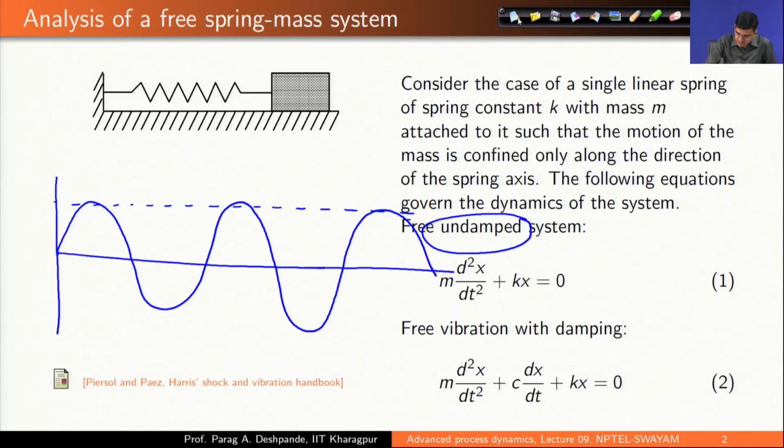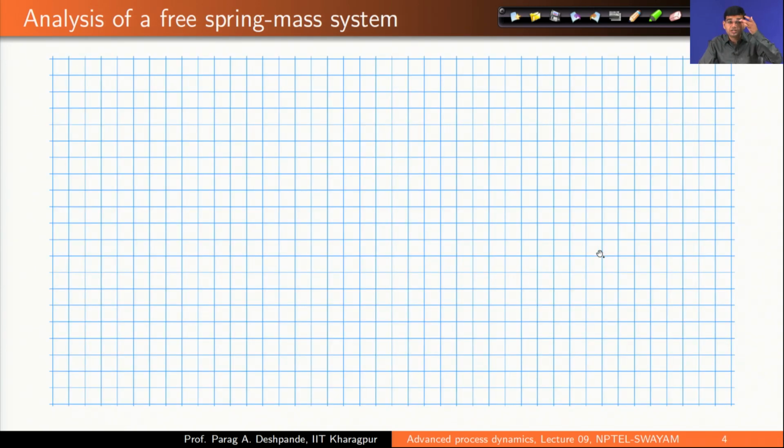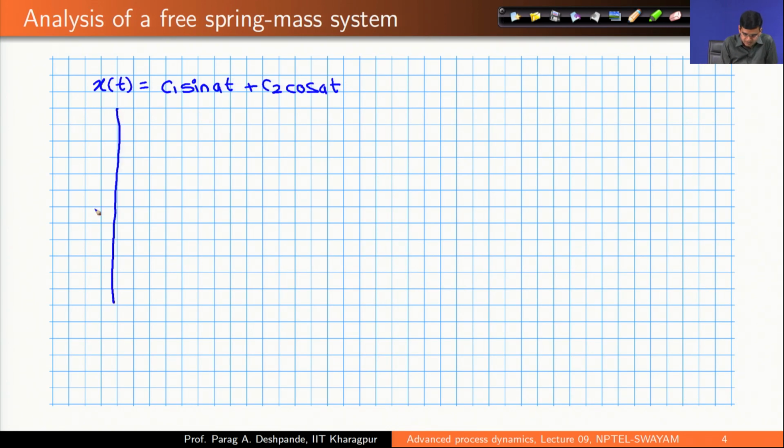First point, there is no damping, and second point is that there is no cessation of the oscillations at all, the oscillations continue. So, what we saw here is that you have solutions of the form x of t equal to C 1 sin A t plus C 2 cos A t, and the solutions look like this.